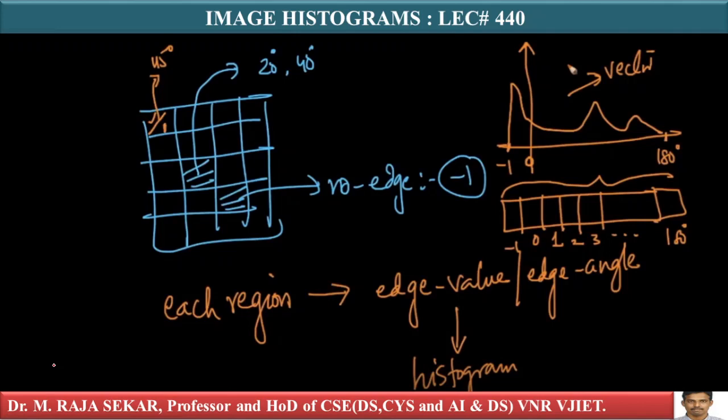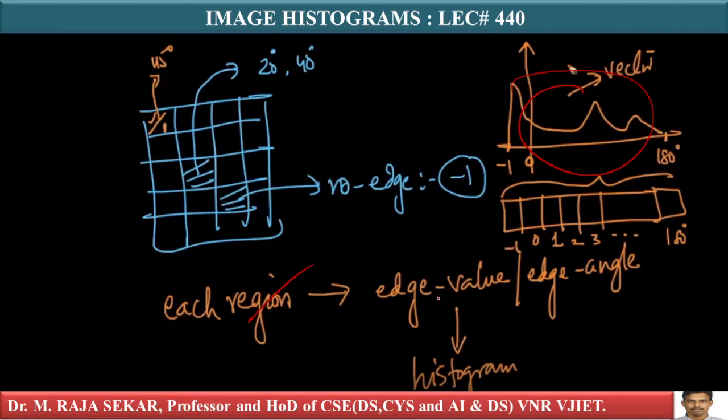I get a vector whose size is 181, which represents edge information or angles. For example, faces. This is your color histogram.